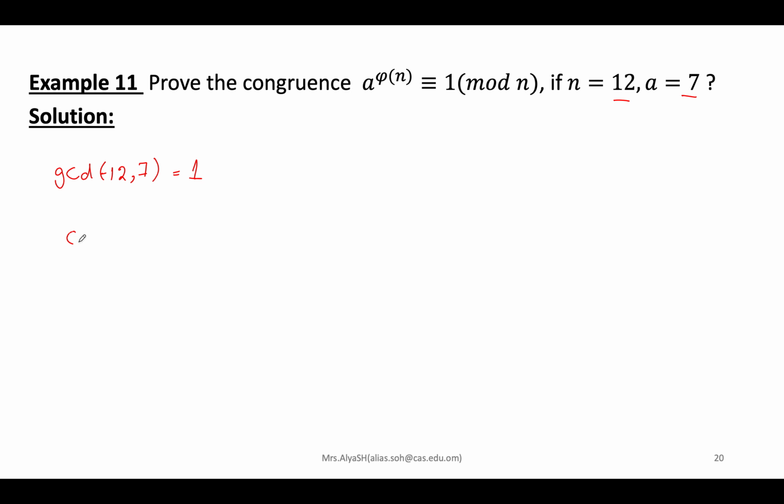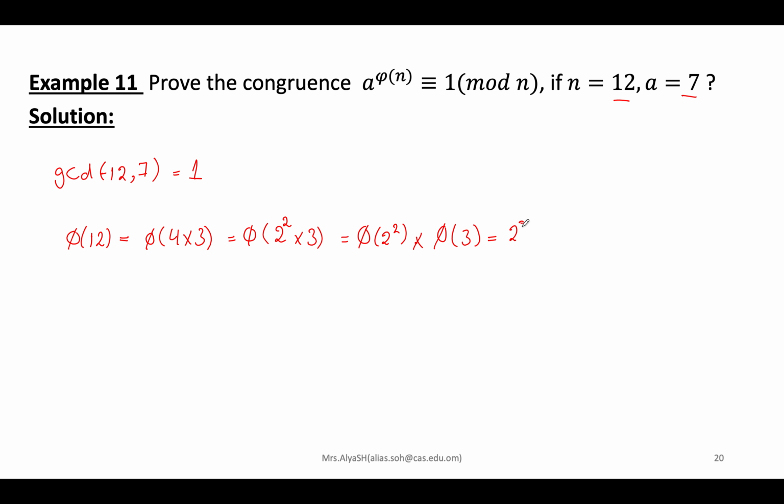So we need first to find phi of 12, which is equal to phi of 4 times 3. 3 is a prime number, 4 is not, so just make it prime. So 4 equals 2 squared, times 3. Now just distribute the phi. So we got here phi of 2 squared times phi of 3.